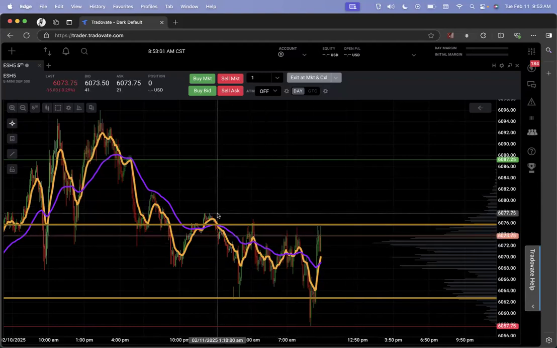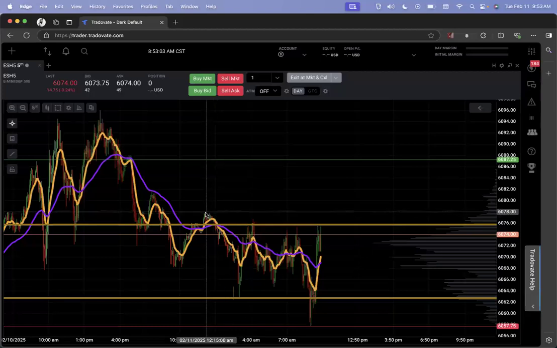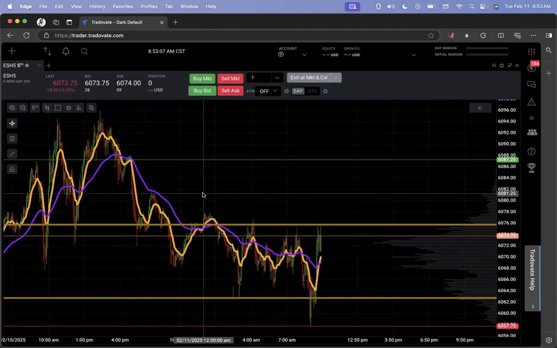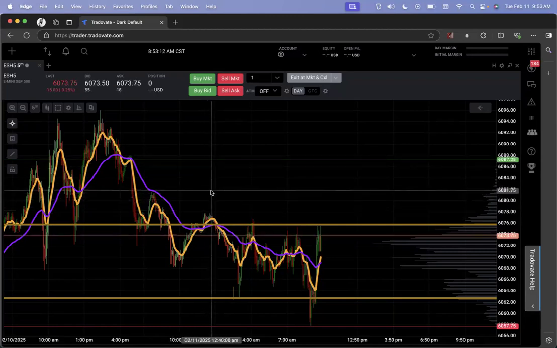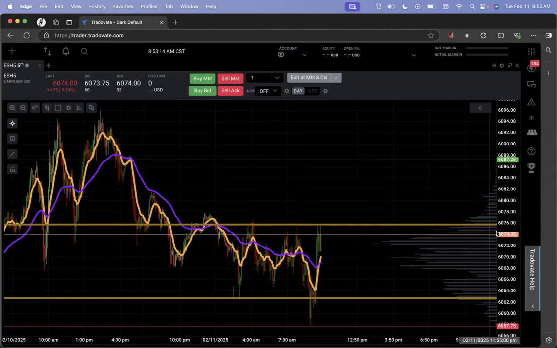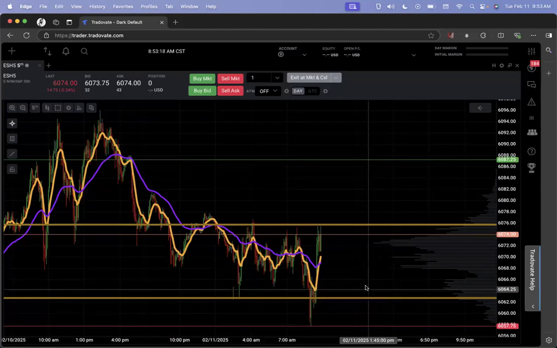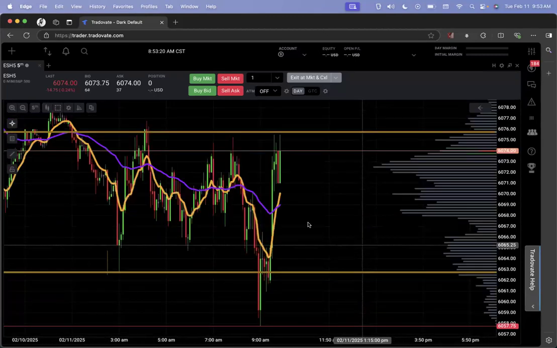The first price levels I would say would be this one right here, 60-75. This would be 60-80. 60-75, 60-80, those are your next price levels after 60-76. But we're going to have to break 60-76 though.